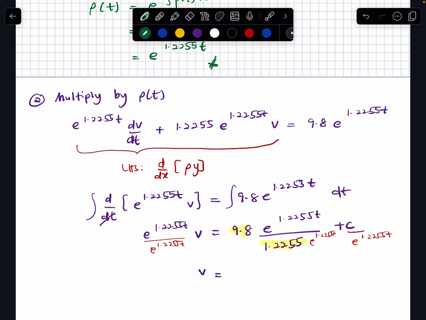Finally, you will get v equal to this value. So this is your general solution.